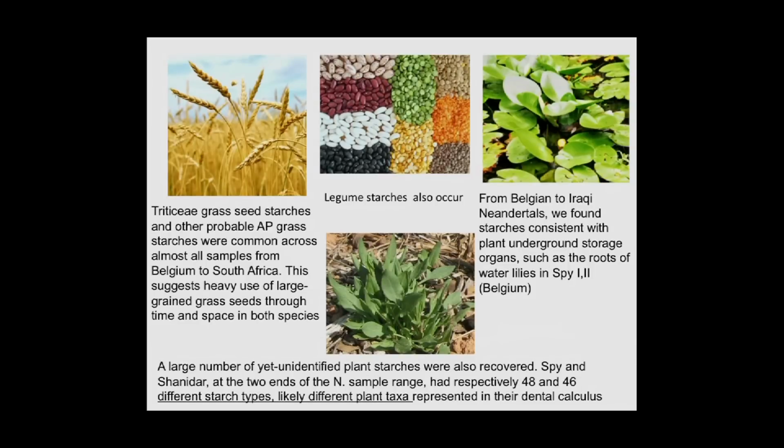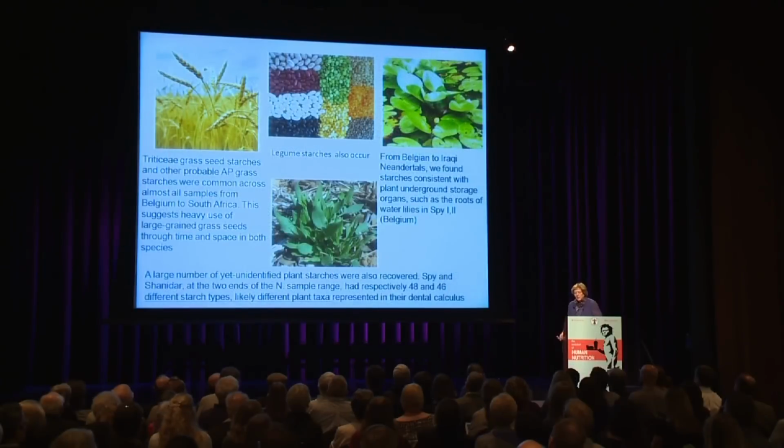We also had some legume starches, but we also had a lot of starches that were consistent with plant underground storage organs. The other thing that was interesting about this data is that most of our samples had a large number of different starch types. So Spy in Belgium at the northern end of our range, and Shanidar, the southernmost Neanderthal we looked at, each had almost 50 different types of plants on their teeth.